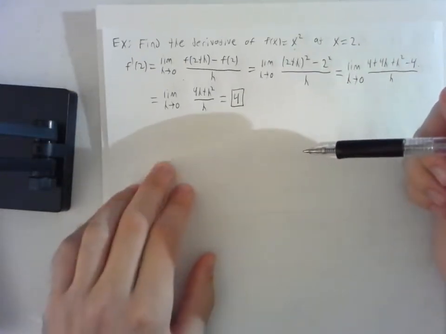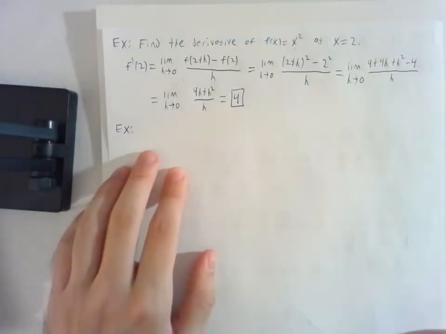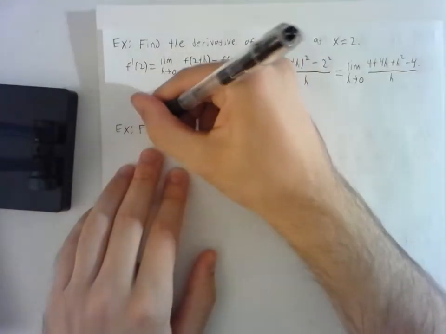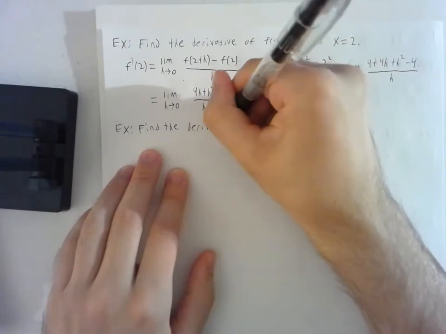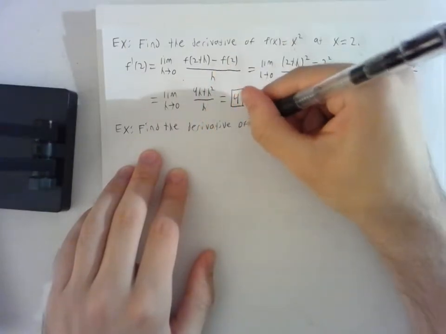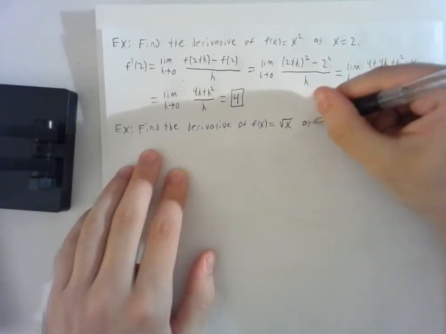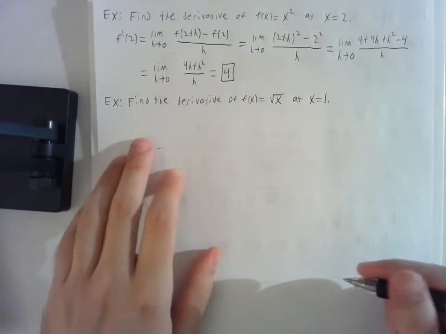So let's look at a few more examples, some that we haven't done in previous lectures. So let's try to find the derivative of f of x equals square root of x at x equals 1. So again, the first step is always to use our definition of derivative.